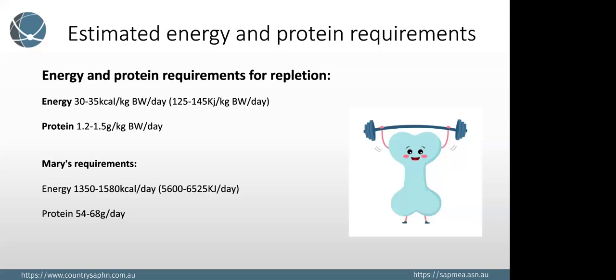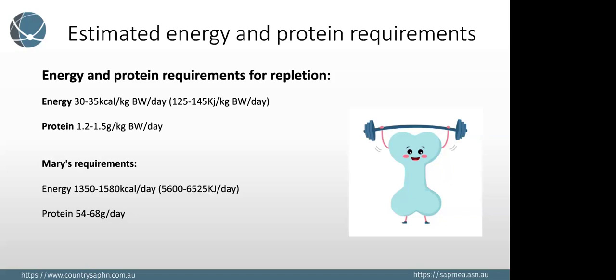So it's based on roughly energy about 30 to 35 calories per kilogram body weight daily, and protein 1.2 to 1.5 grams protein per kilogram body weight daily. So for her, she's needing about 1,350 to 1,580 calories a day, and between 54 to 68 grams of protein a day.